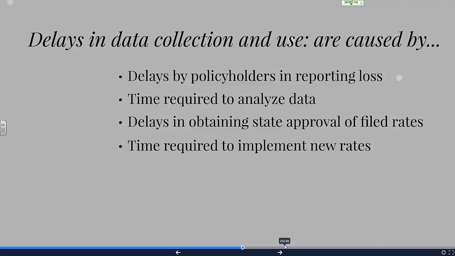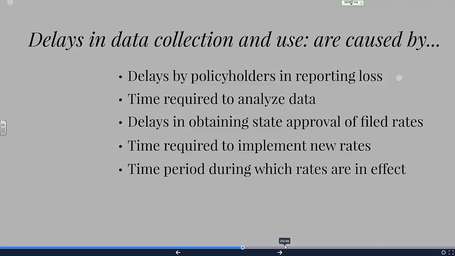Systems have to be adjusted, and those changes have to be fully implemented in order for rates to be effective, and the time period during which rates are in effect. So when it's determined by the insurance company that a new rate needs to be applied, they can only apply it to those policies that are renewed after the rate change. Some policies might have as much as almost 12 months left before new rates can be applied.